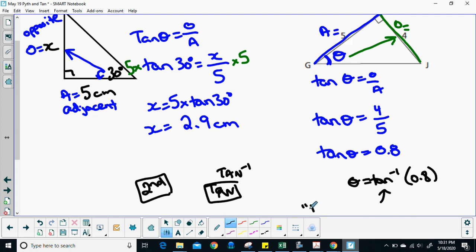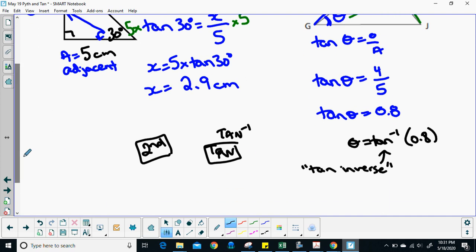Okay, so that's called tan inverse. And that's how we have to type it into our calculators. So I'm going to want second function tan to get my tan -1 to show up. 0.8 equals, well, now that's told me that I now have an angle of 38.7, rounded up, degrees.